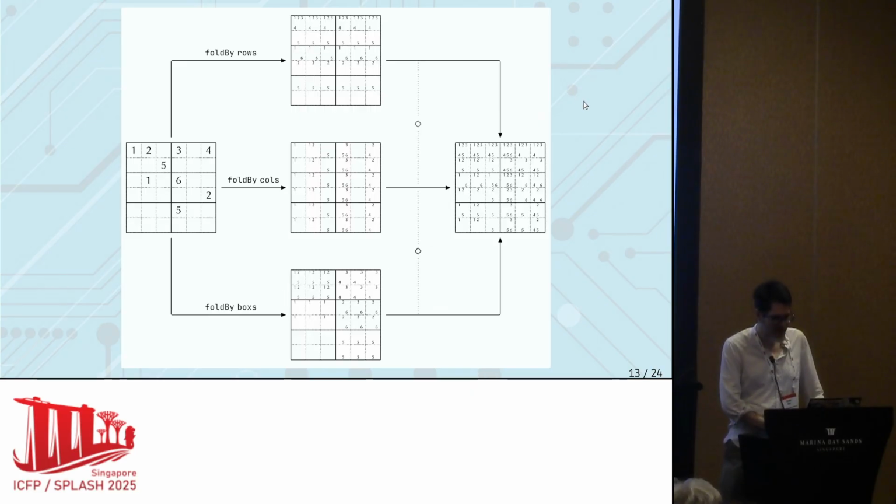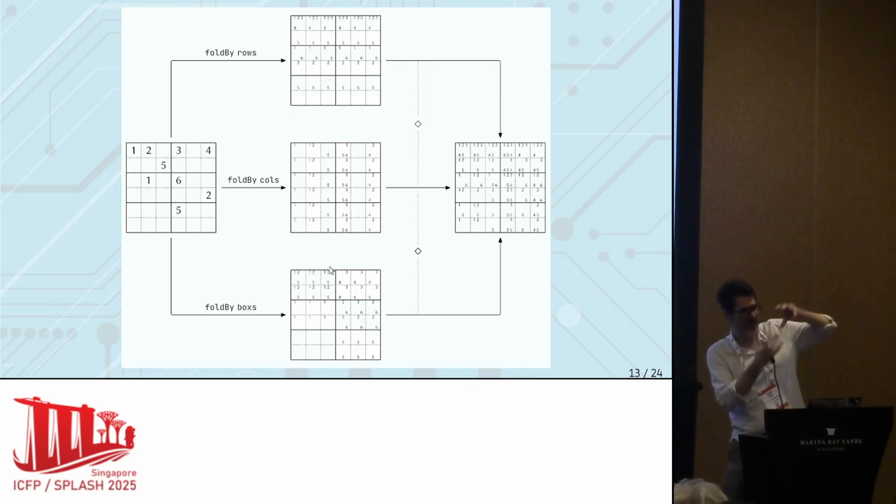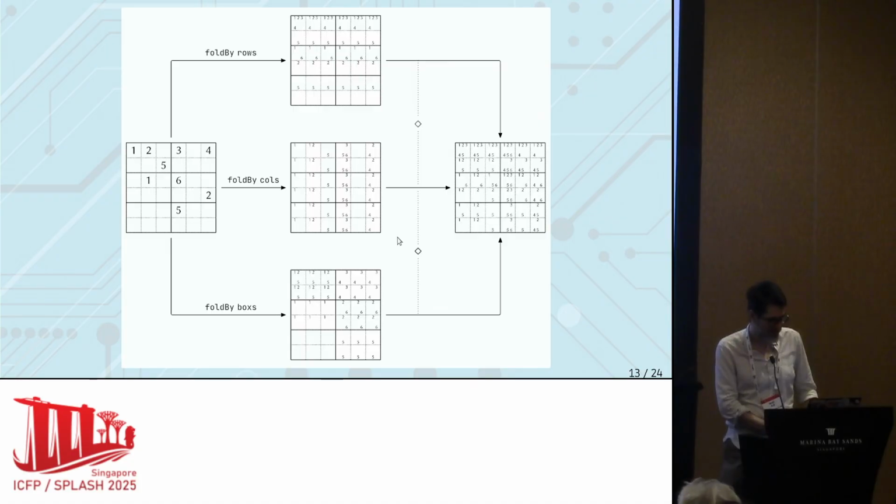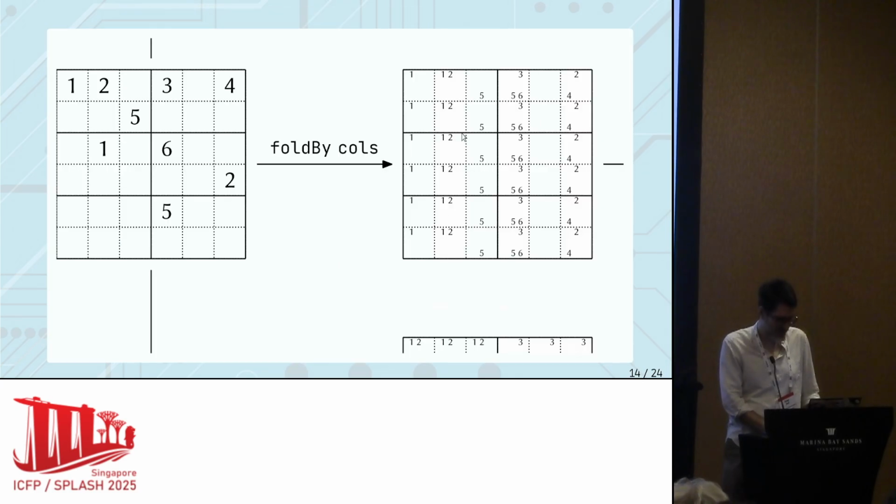And the reason we do it is because if you then look at this middle column, then if you put them together, so if you then zip them basically, then for each cell, you're going to have both the mask that comes from all its horizontal neighbors and all the vertical neighbors and all the box neighbors, which is what you will get here. There's a slightly zoomed in version here.